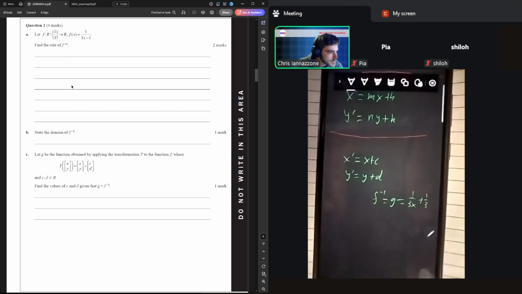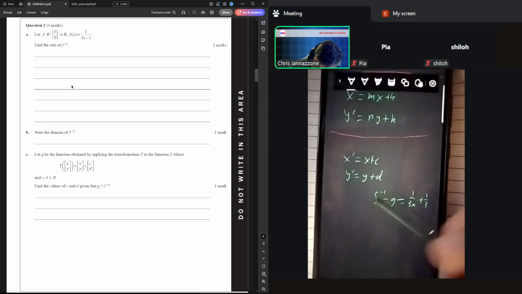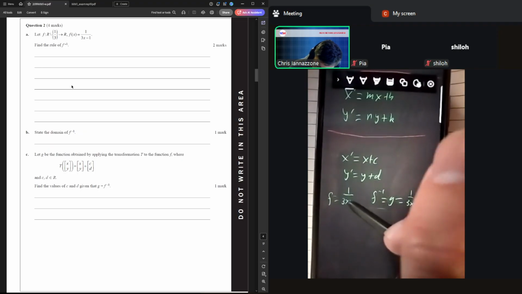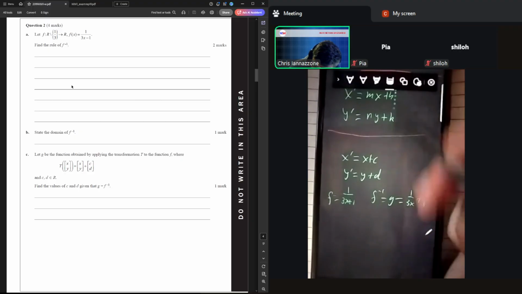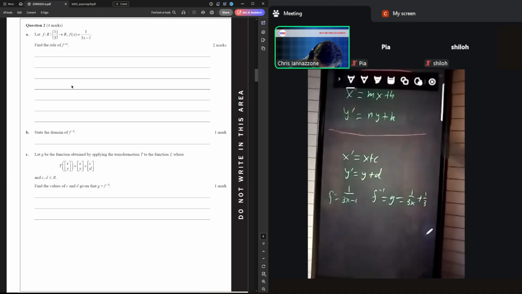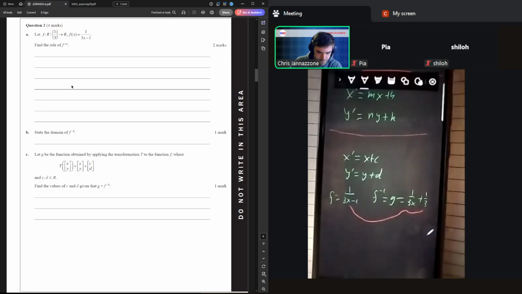because all you have to do from there is compare it to f, 1 on 3x minus 1, and then imagine, hey, what do I have to do to make this look like these?